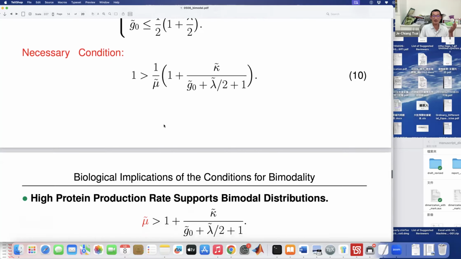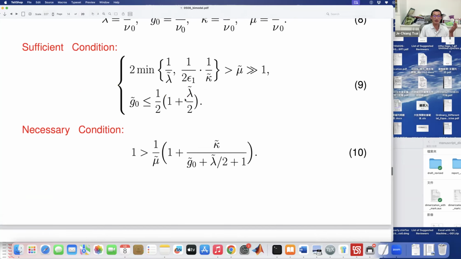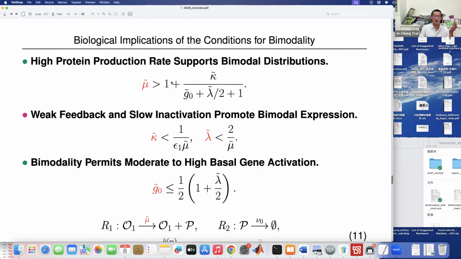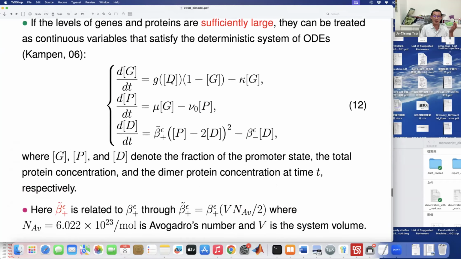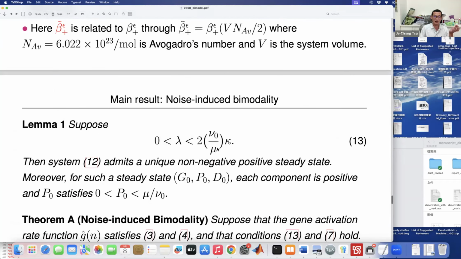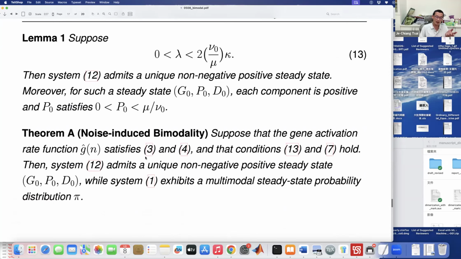So it means that in this case, if condition 9 and condition 13 hold, we will have a noise-induced bimodality.